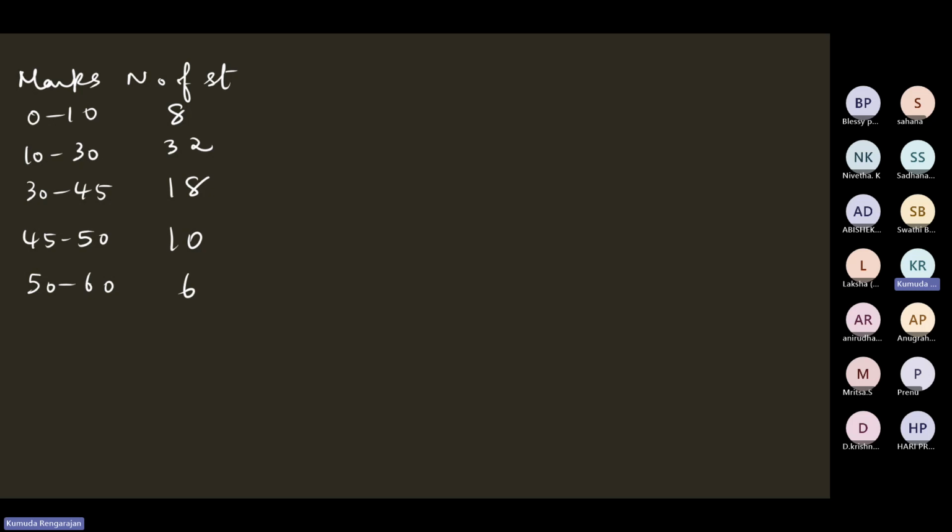Now the earlier question, we had class intervals, and the class intervals had a uniform size or a uniform width. What did we have? 0 to 50, 50 to 100, 100 to 150, and so on. So the size was 50 everywhere.